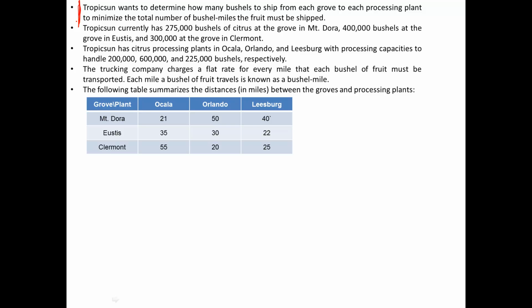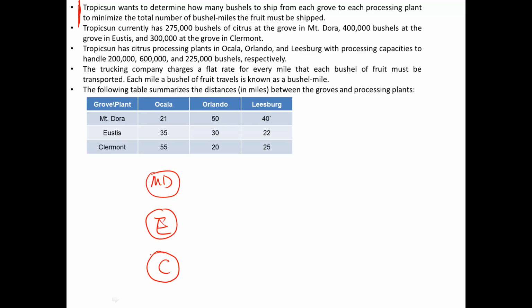Transportation problems is one of them. And here let's draw the picture. Okay, so we have Mount Dora as one node, which is the grove, and we have Eustis and Clermont.